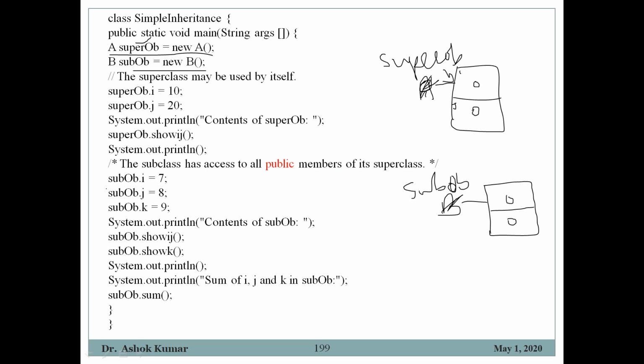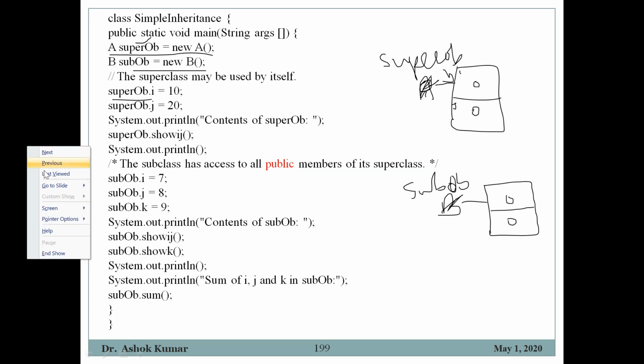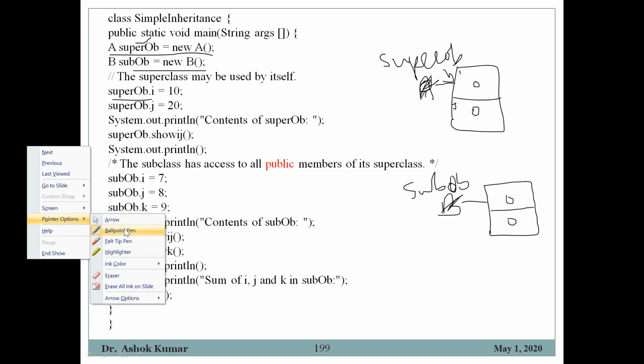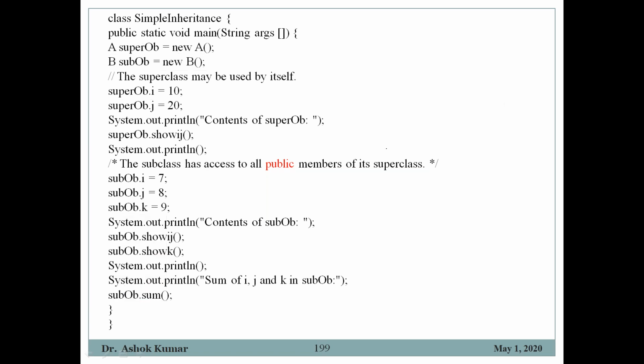So if you write over here super ob.j, this is your super ob and it has a member j. Let me clear this first, because there is some issue with it. Let me plot this diagram again.